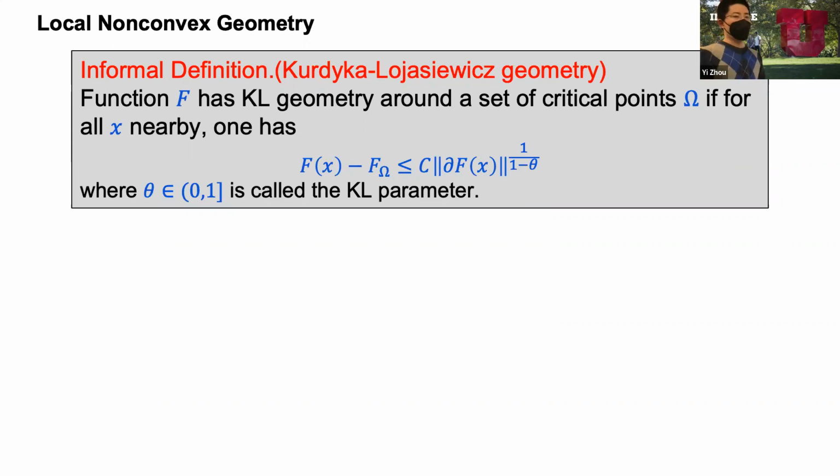Which basically says that if we look within a neighborhood of a certain critical point, the function satisfies this growth condition. So the function value gap is bounded by the gradient to the power of a certain parameter, and this parameter theta controls the geometry of this function locally.